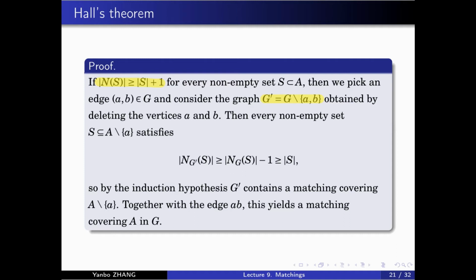Then every non-empty subset S of A minus the vertex a satisfies: the size of the neighborhood of S in G' is greater than or equal to the size of the neighborhood of S in G minus 1. Minus 1 is because we need to delete the vertex b. This is greater than or equal to the size of S. This inequality is from the assumption.